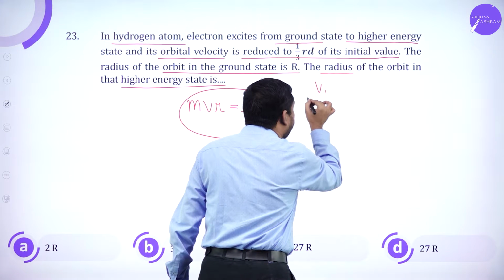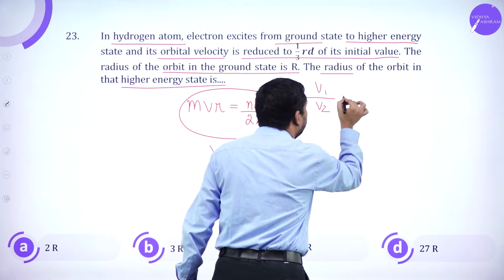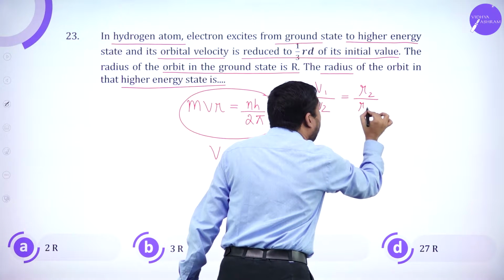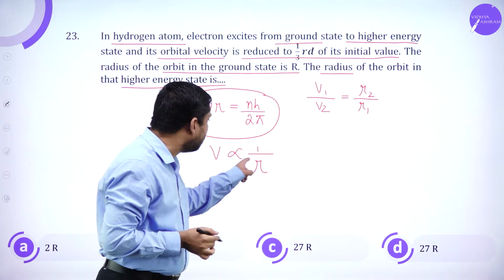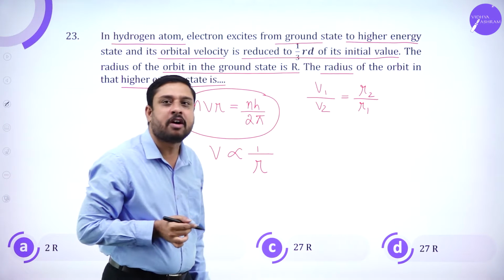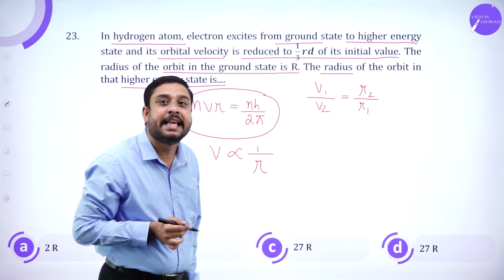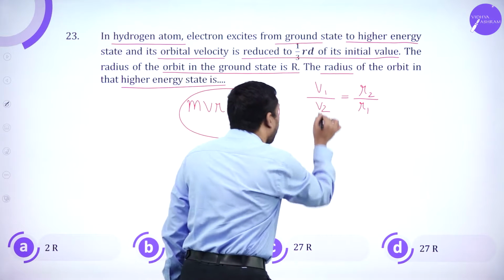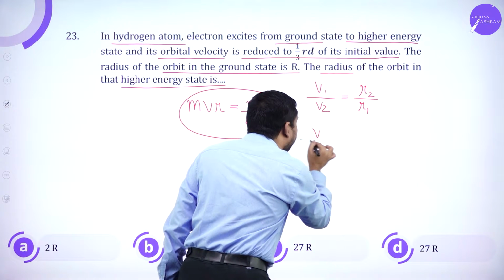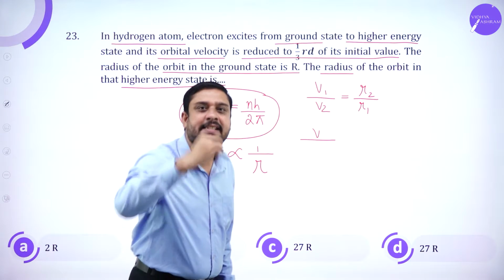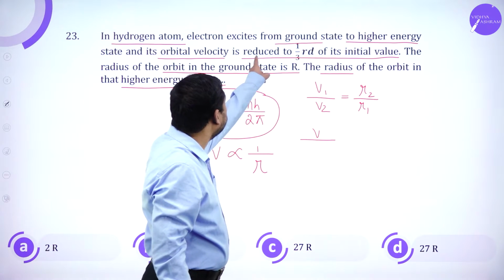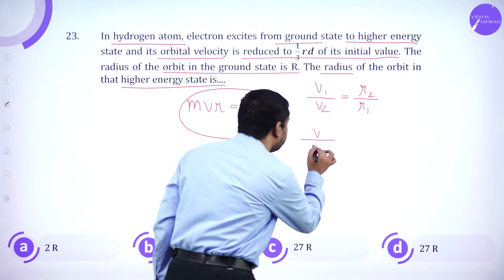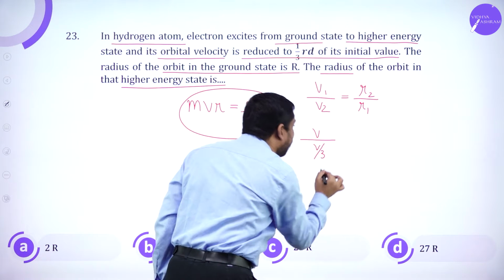So V1 by V2 should be R2 by R1. Very clearly from this relation, velocity is inversely related to radius. As the excitation happens, velocity is reduced to 1/3, V by 3.